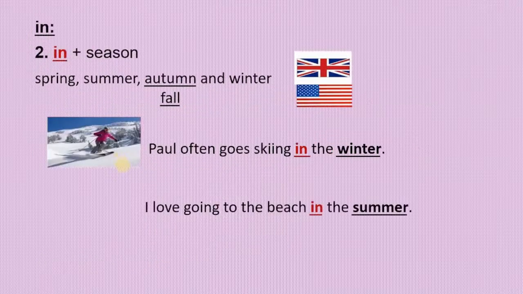Next use of preposition number 2. In plus season. So in English, the 4 seasons are spring, summer, autumn, and winter. Autumn, guys, is for British English, and fall is for American English.